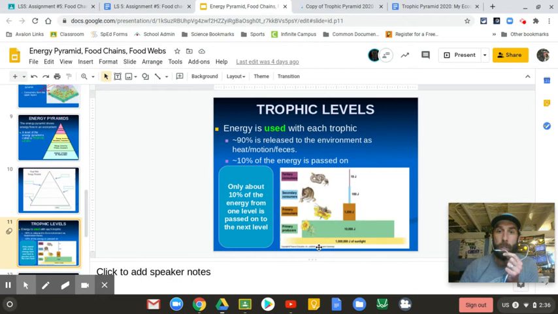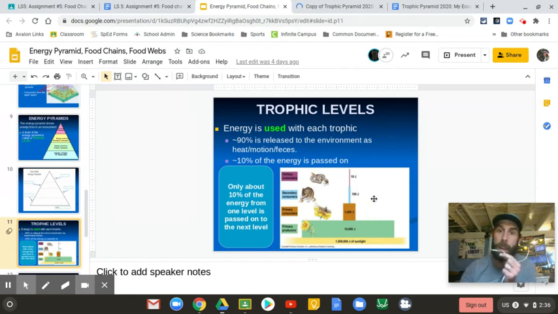The thing about trophic levels and the reason that it's in a pyramid shape is that the amount of energy that producers can capture is not the same amount of energy that consumers can get. Okay? So primary producers pass about 10% of their energy on to primary consumers.